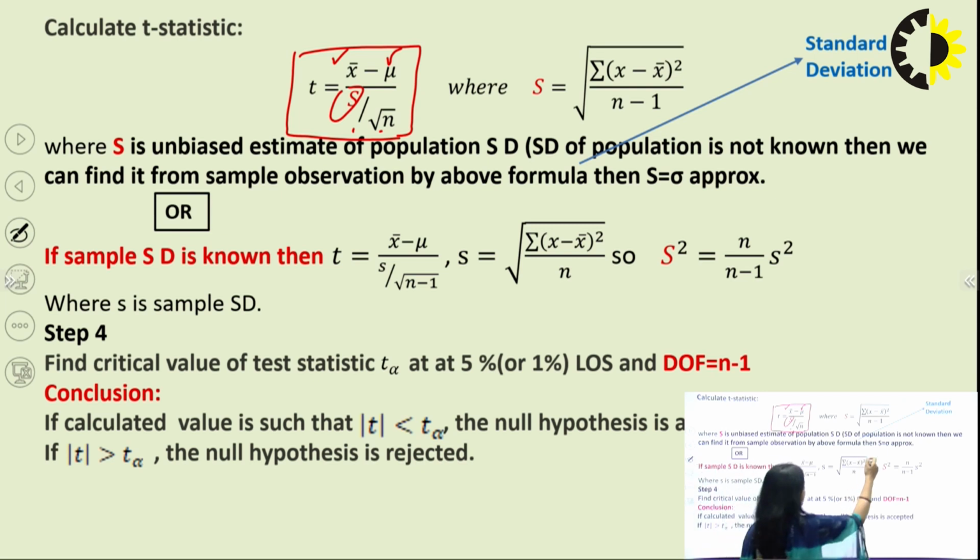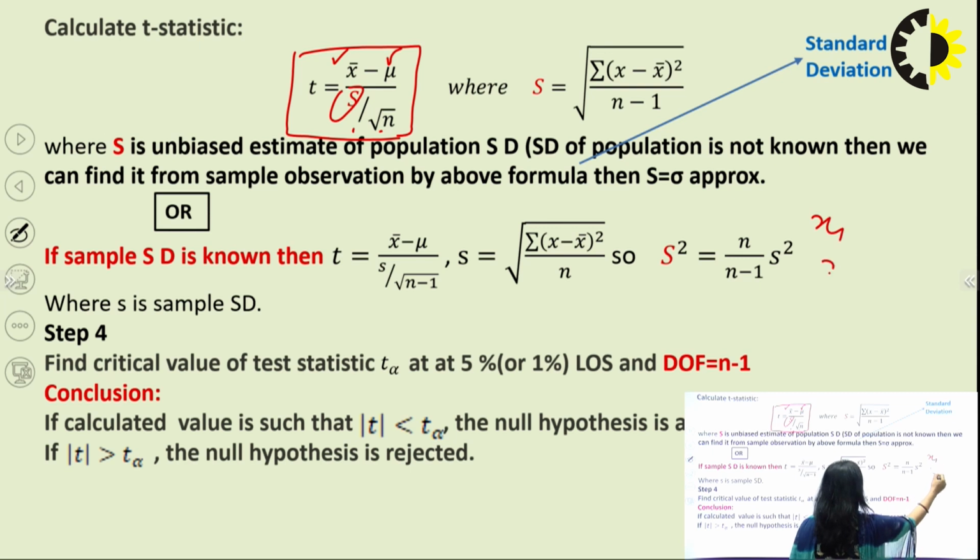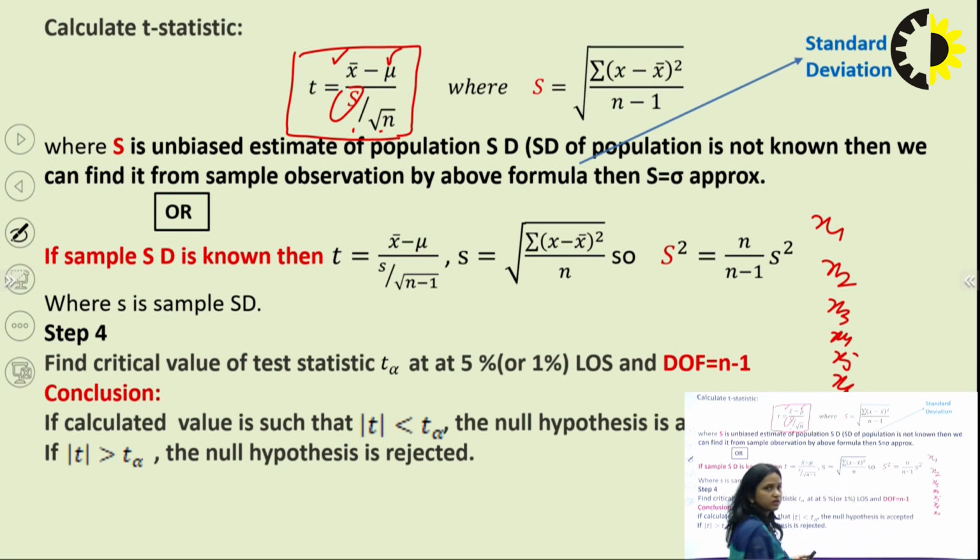See, we have a sample. It may contain 10 items, x1, x2, x3, x4, x5, x6, x7 and so on, up to 30, and we can easily obtain the standard deviation. But we are going to make a small change that you should note here.